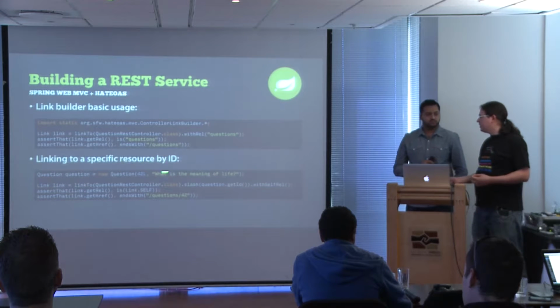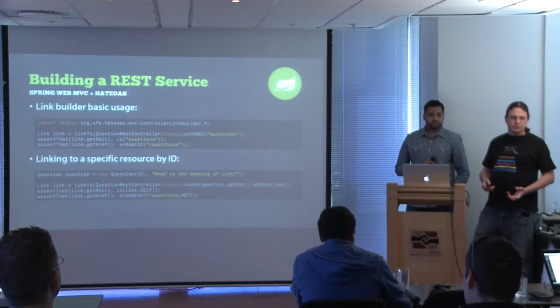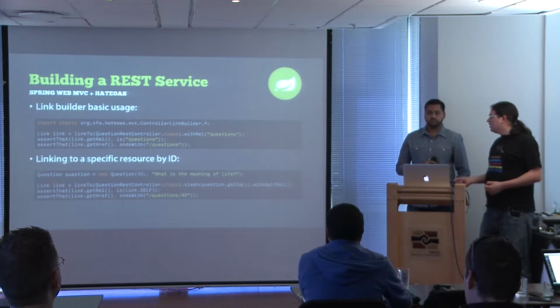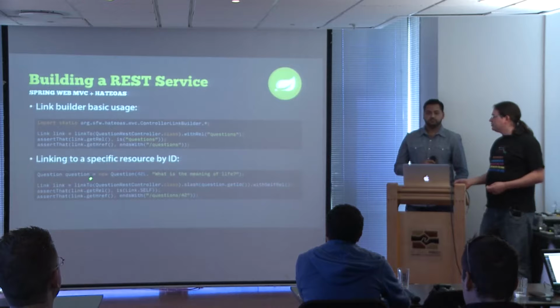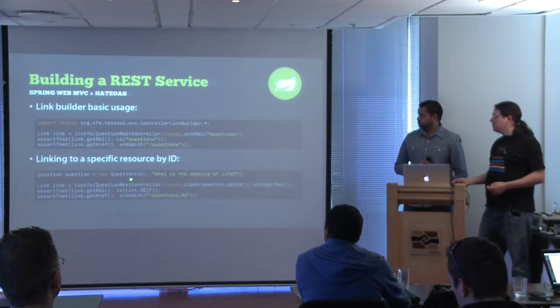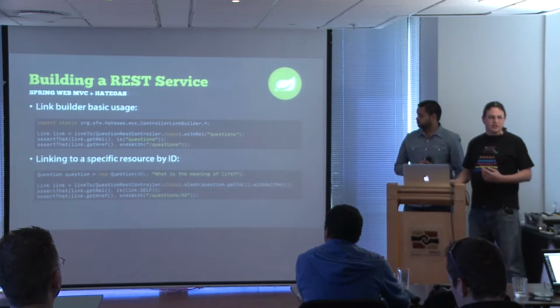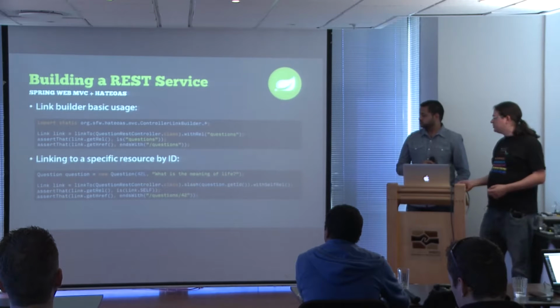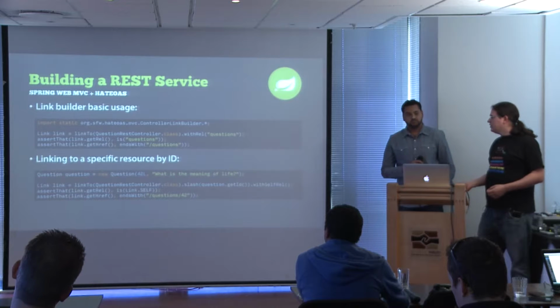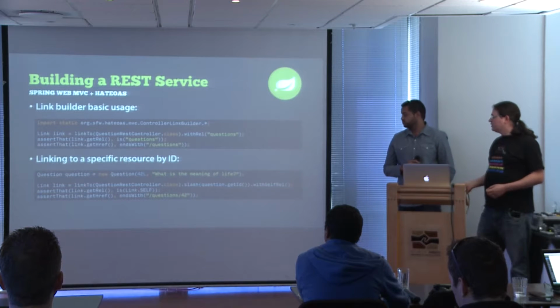So API/questions or whatever, and it will basically construct the link for you with the correct rel. You can then also do it with a specific ID. So down here, if you pass in an ID, you can say I'm linking to question 42. So it will then include that in the link representation that gets rendered out. So the link would look something like that.